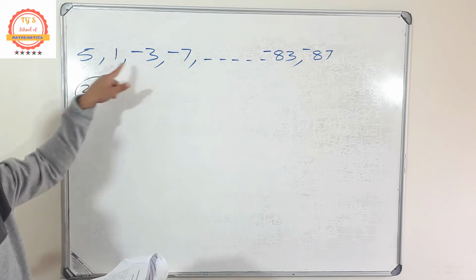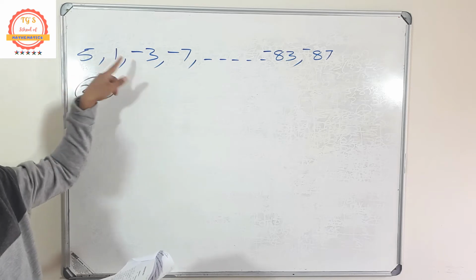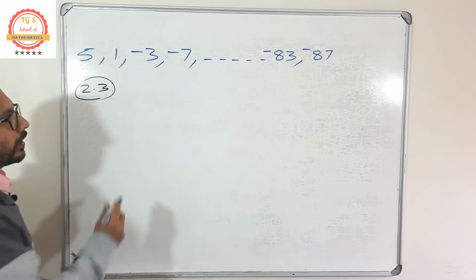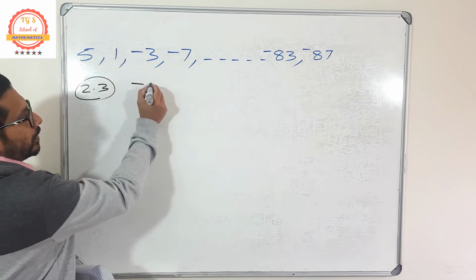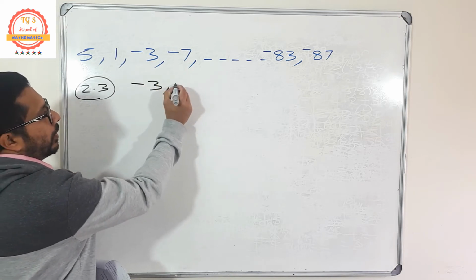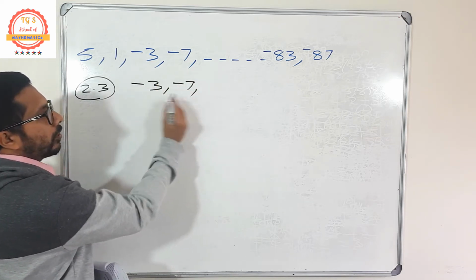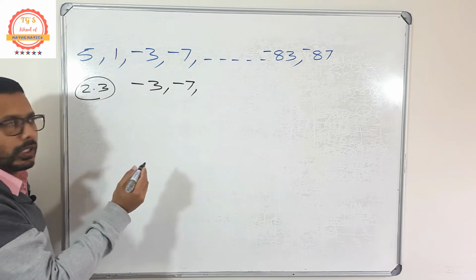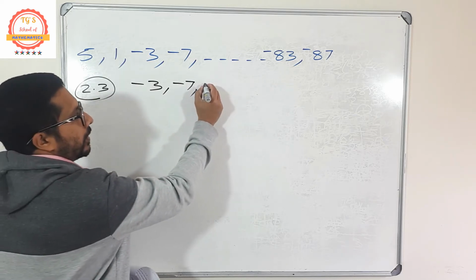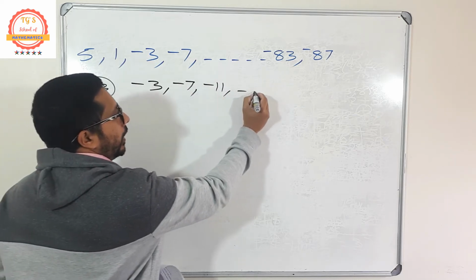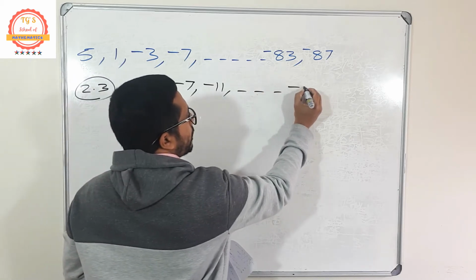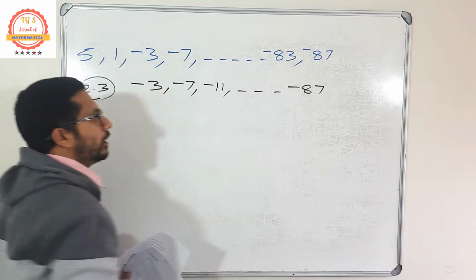Am I right? So these 5 and 1 are positive numbers. Okay, so our new sequence is starting from minus 3. So next one is minus 7. You know the common difference is minus 4. So minus 7 minus 4, that is, next one is minus 11, etc. And the last term is minus 87.